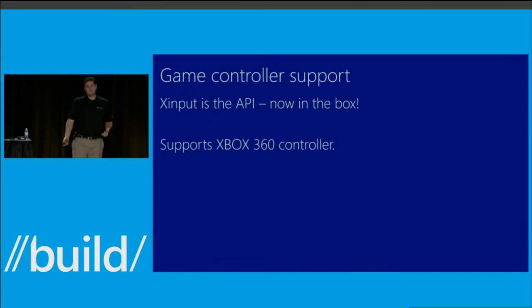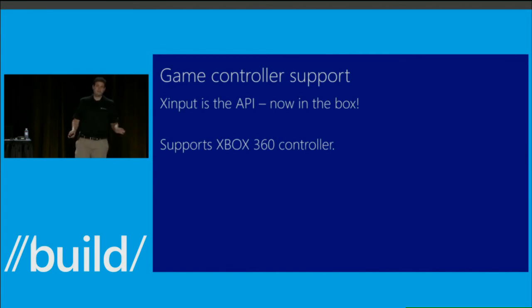But a third input type that's supported for Windows Store apps is Xbox controllers and controllers in general. You do this by using the XInput APIs. This supports the Xbox 360 controller, among others. And also, for those of you who have already used XInput in the past, starting with Windows 8, this API is now in the box, which means you don't have to ship a support DLL along with your game.